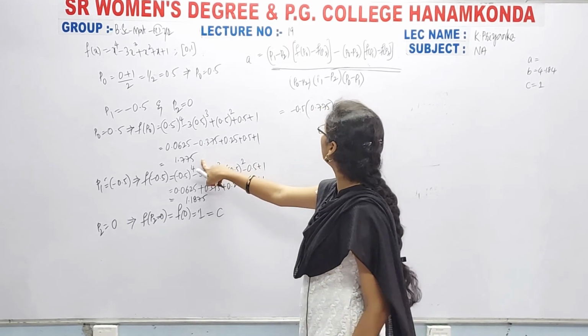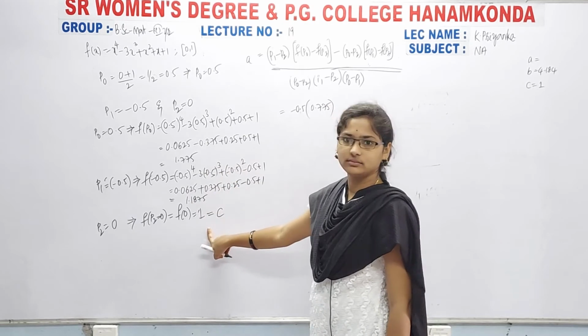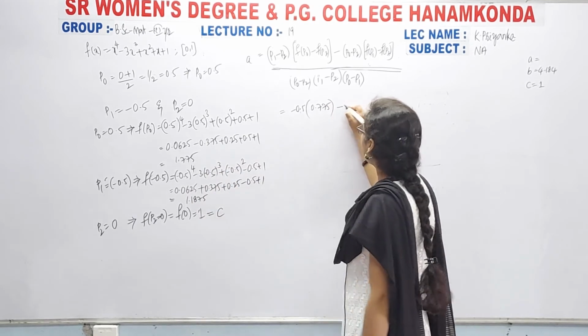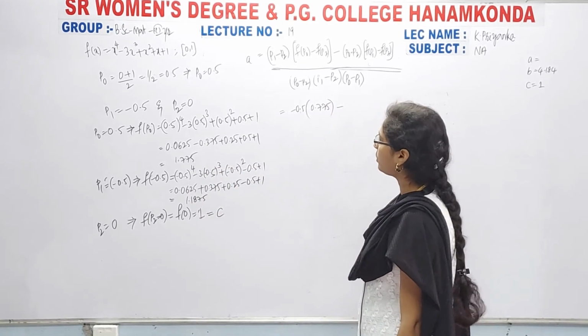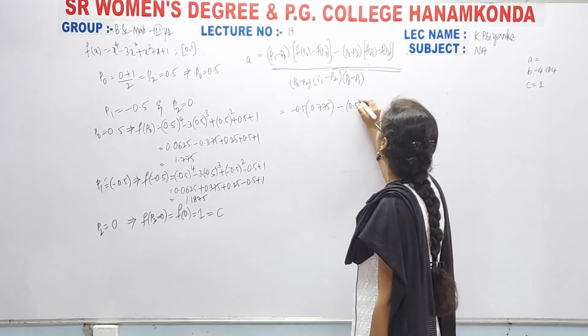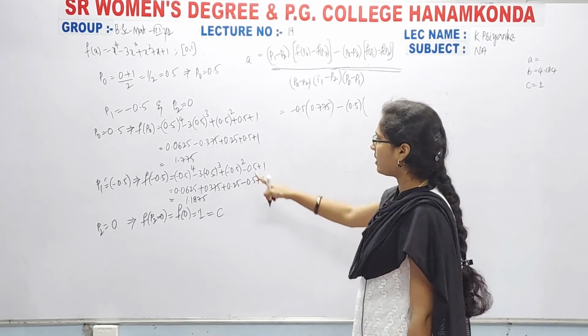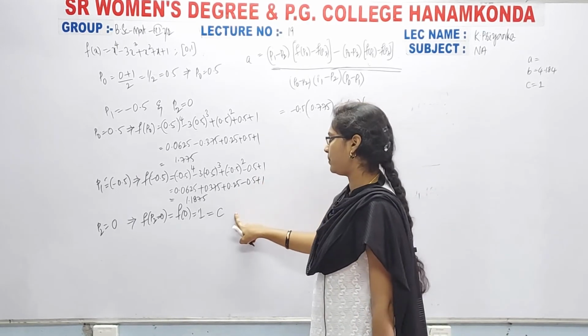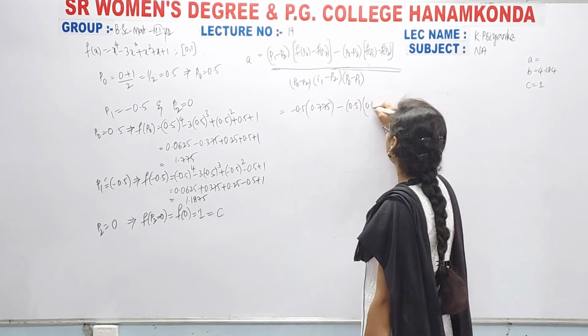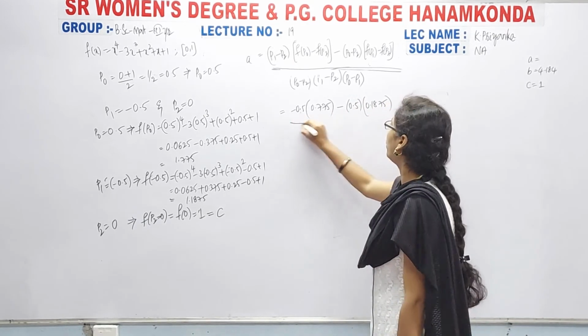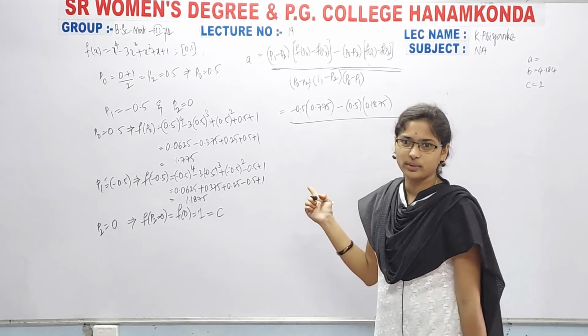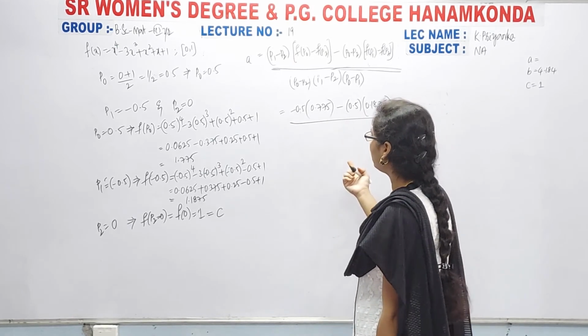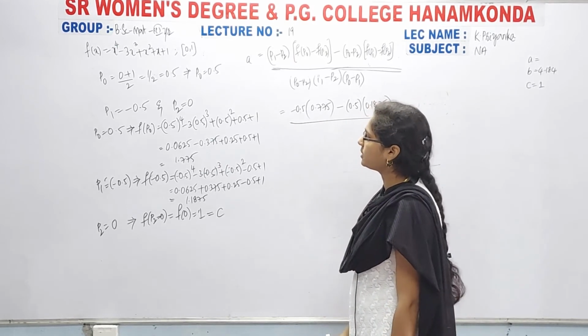Next minus P0 minus P2, P0 is 0.5 into f of P1 minus f of P2, so it is 0.1875, whole divided by, actually in the denominator we have some value, just write it, P0 minus P2.